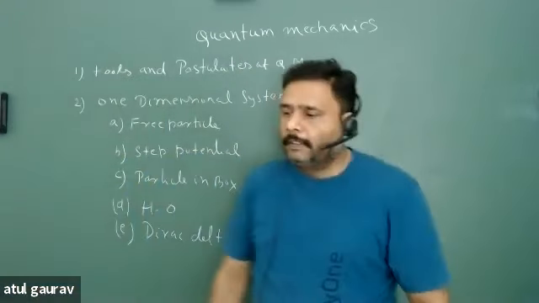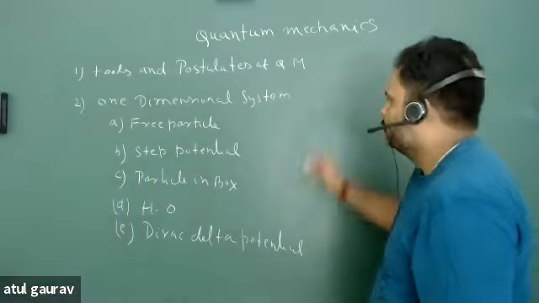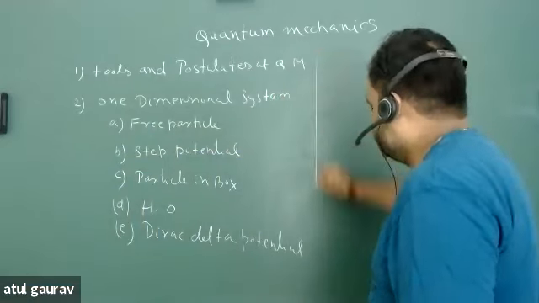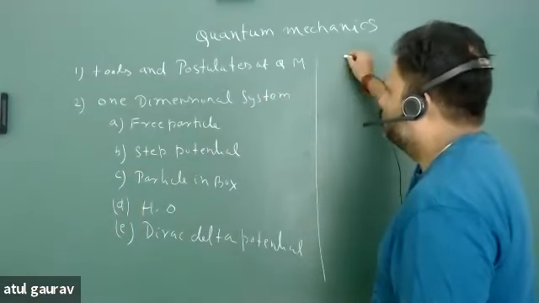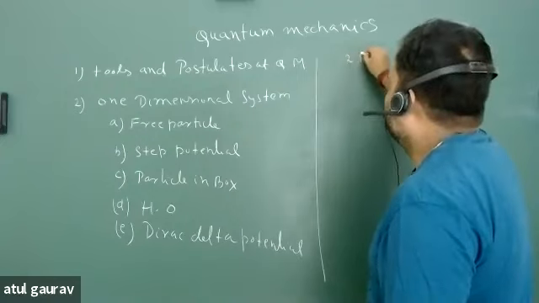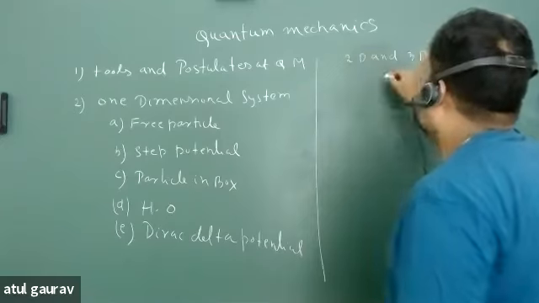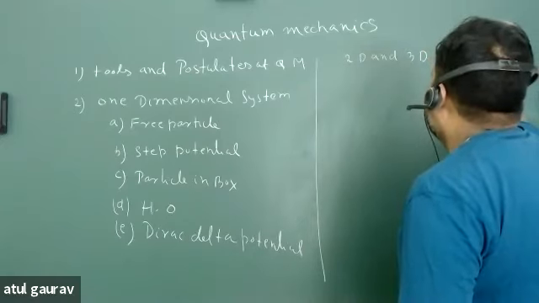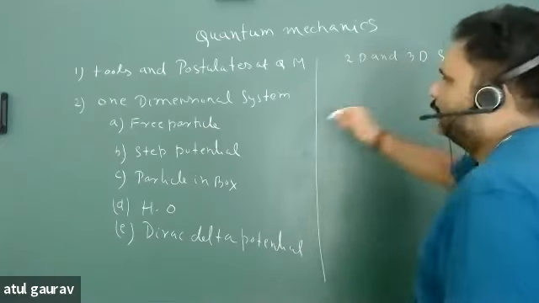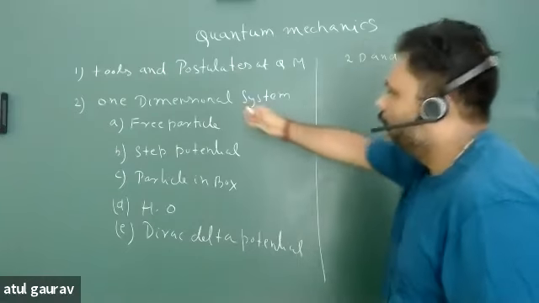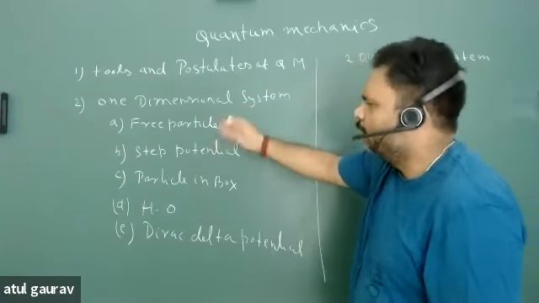And once we go through the one-dimensional system, we will go into two-dimensional, 2D and 3D systems. Here we will again go for free particle. Step potential is not there.